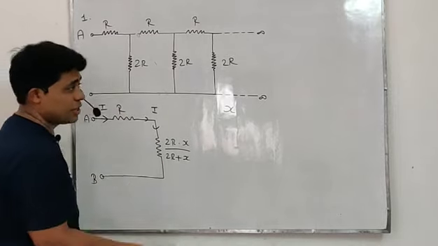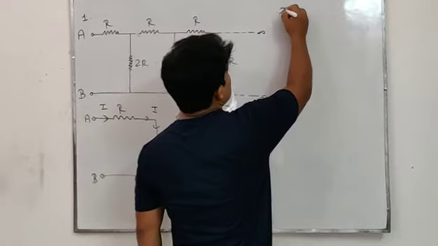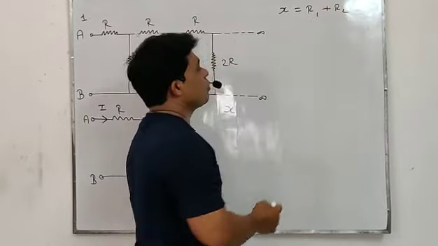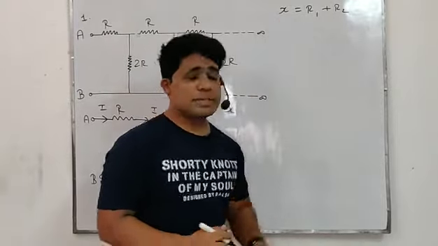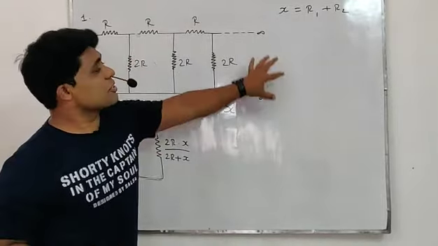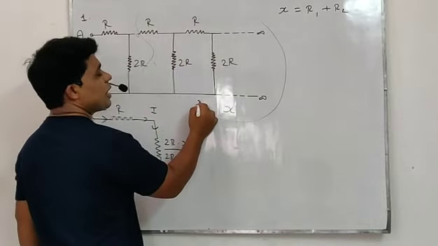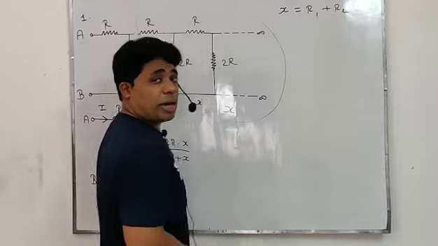So both are in series, and we know the formula of series combination, R1 plus R2 equals X. Why have we written X? Because the total resistance of this entire grid we assumed as X. Here I am going to write X.